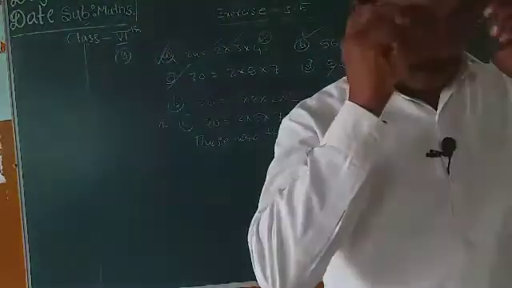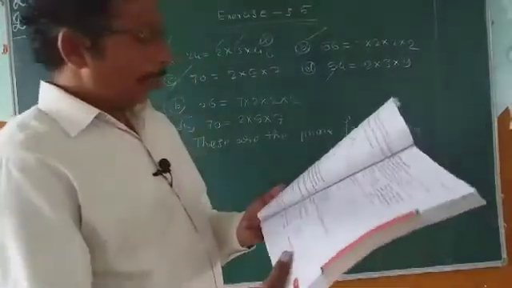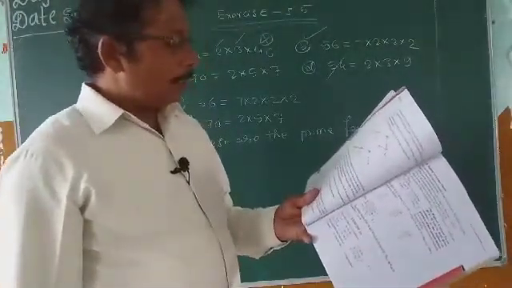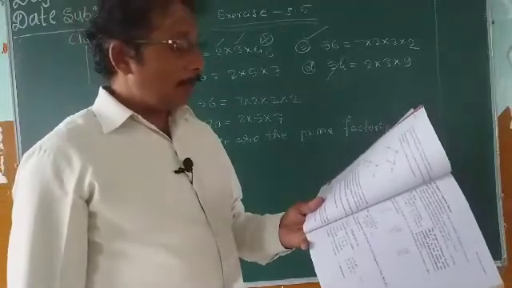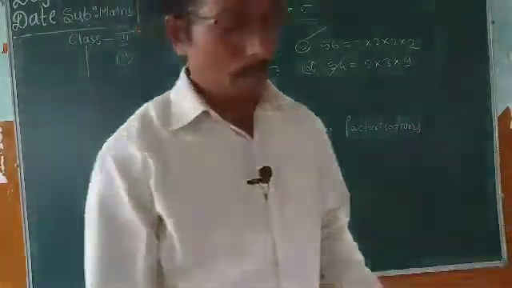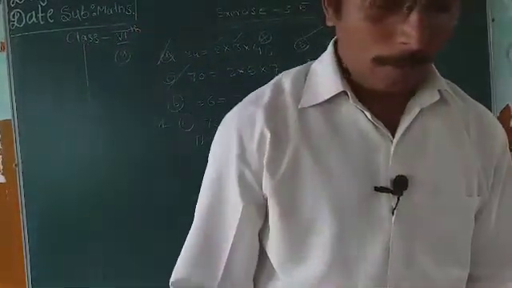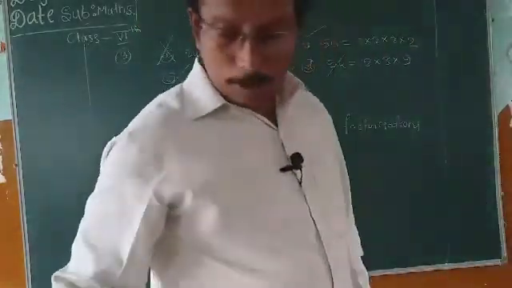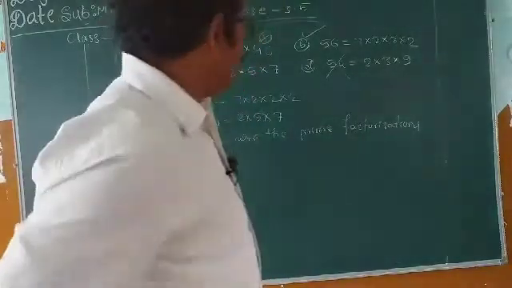Next, question number 10. Determine if 25,110 is divisible by 45. The given number is 25,110.